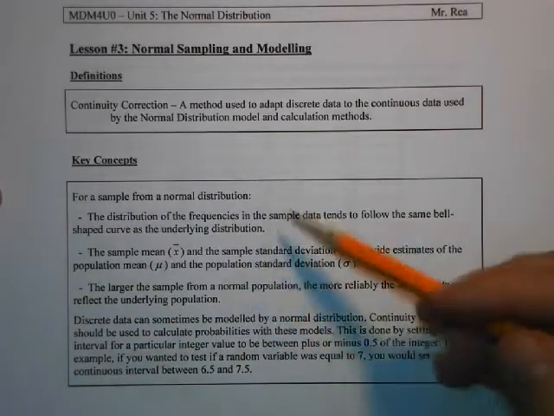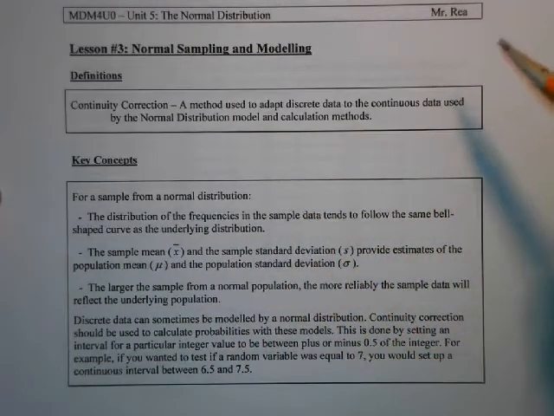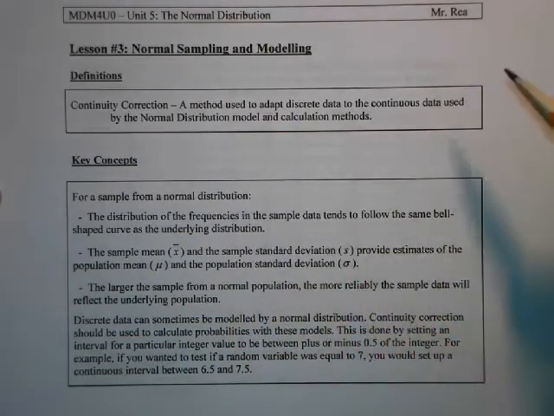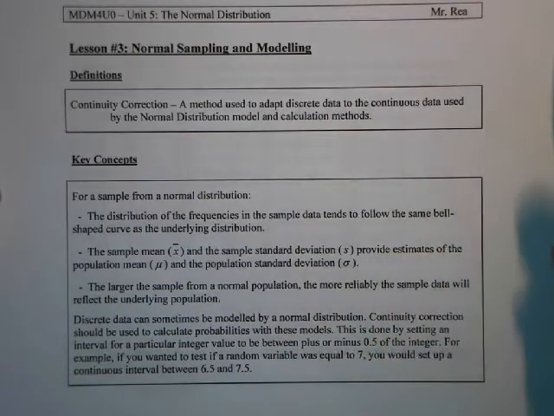Basically, you can assume that the sample mean and the sample standard deviation are estimates of the population mean and population standard deviation. And here's some common sense here. Basically, the larger the sample is, the more reliable the sample data will reflect the population, and therefore the closer the mean and the standard deviation will be compared to the population.